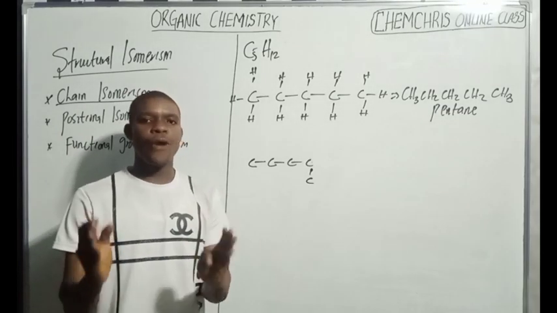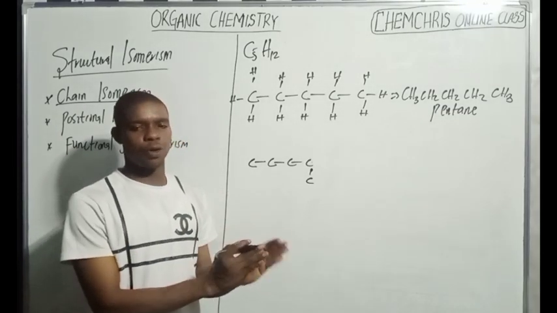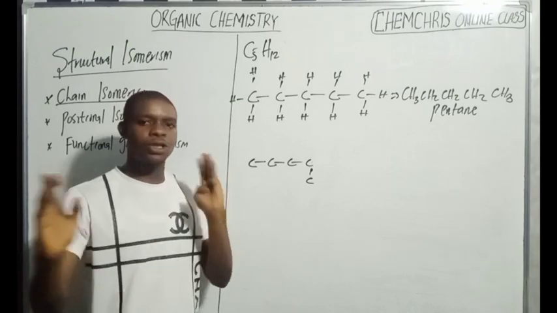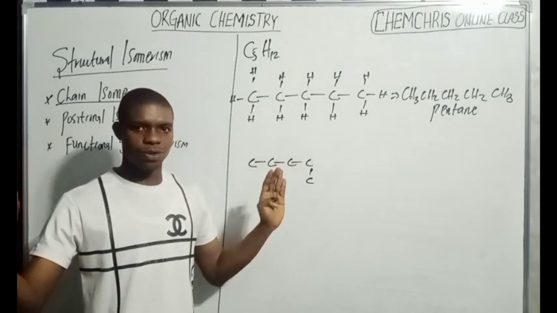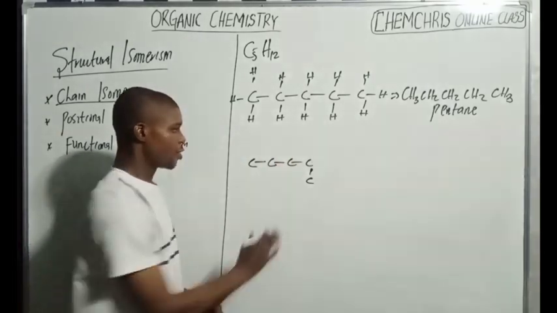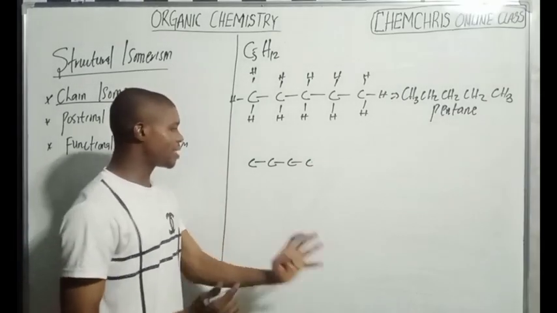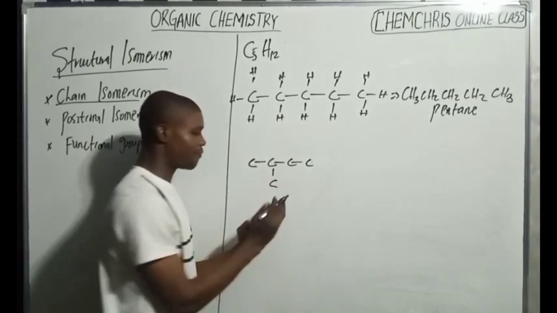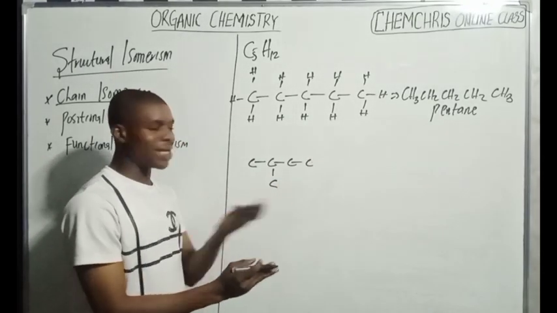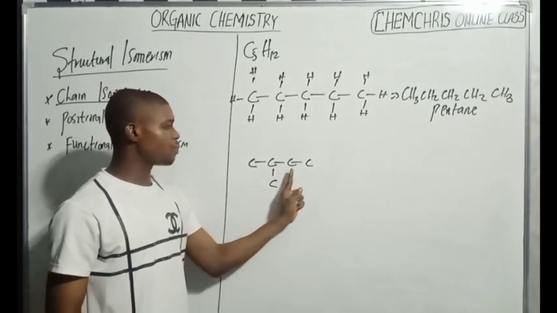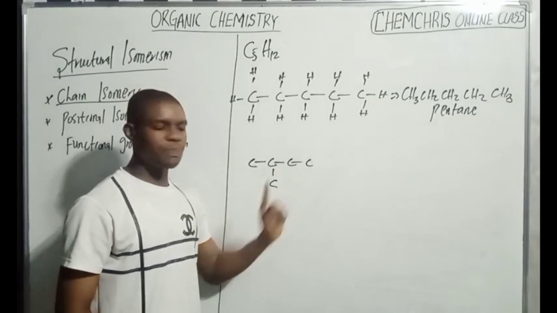When you are arranging your carbon atoms, please ignore the first and the last carbon atoms. So I only have these two to place it on. If I place the carbon atom here, fine, and I have a second structure. What about if I place it here?